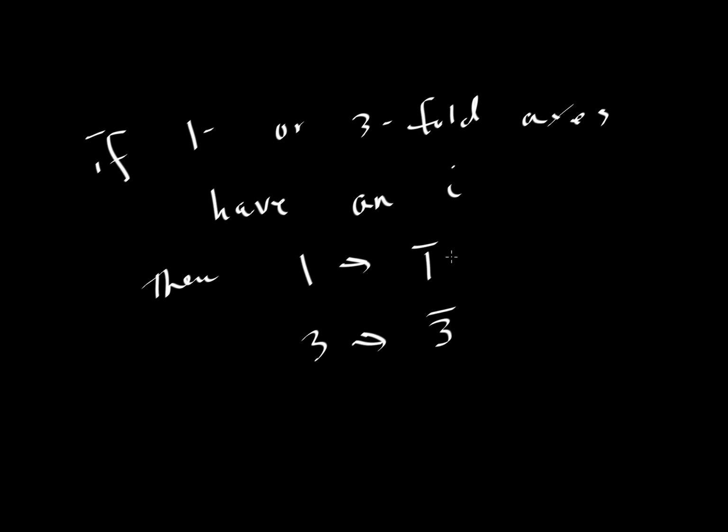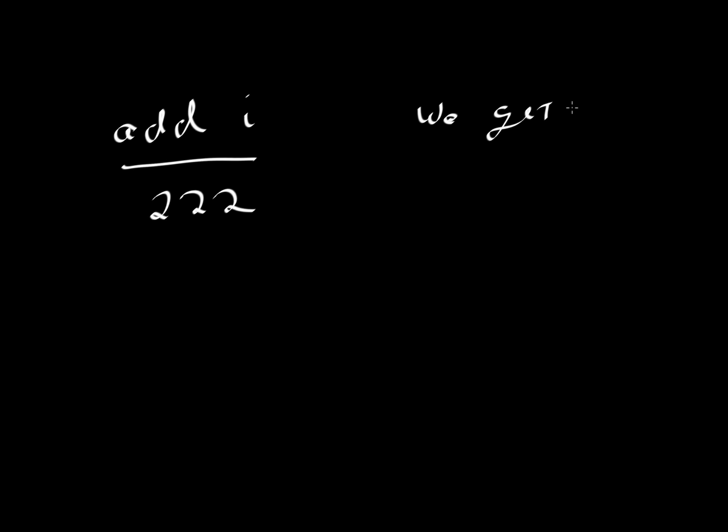And then these can be expanded a little bit further. So for example, let's say we add an I, or a center of symmetry, to something like a 2, 2, 2. Then we get the following. Taking our earlier theorem, if we have a 2-fold rotational axis and we add a center of symmetry, then there must be a mirror perpendicular.